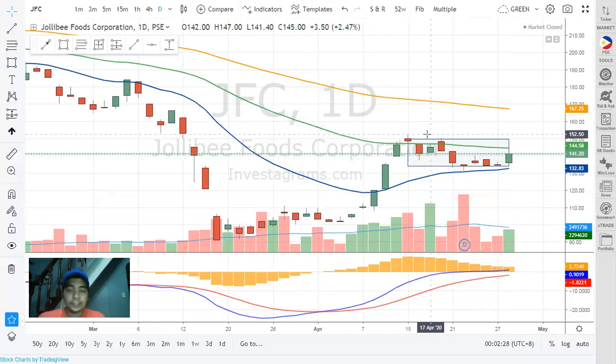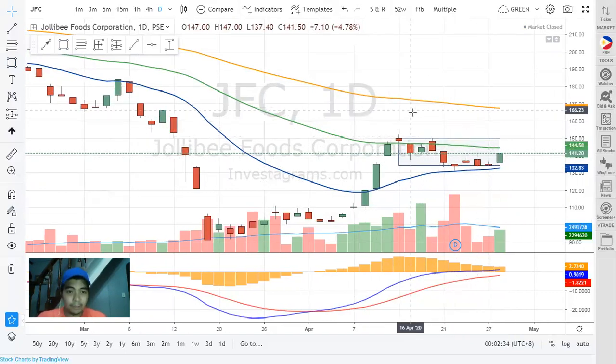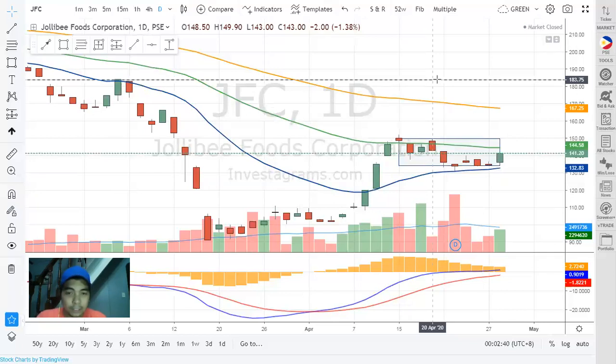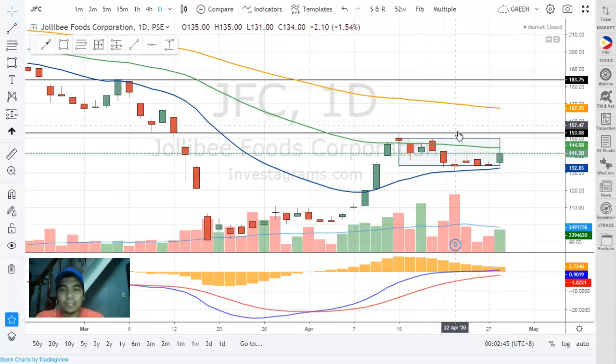So there's still a resistance and support line at this point. Possible resistance for this one is around this point, or maybe for a shorter one we can consider this point, but it's near the original resistance line.